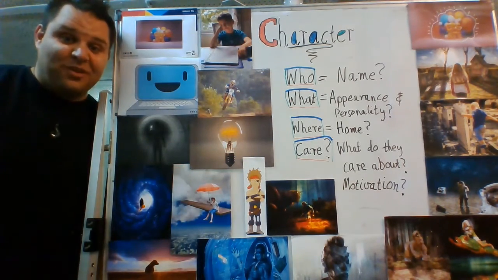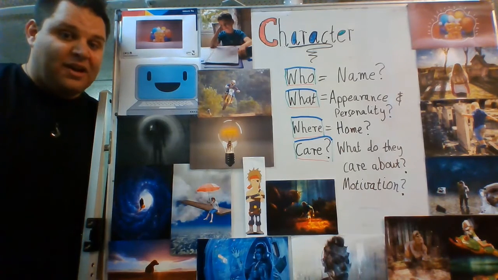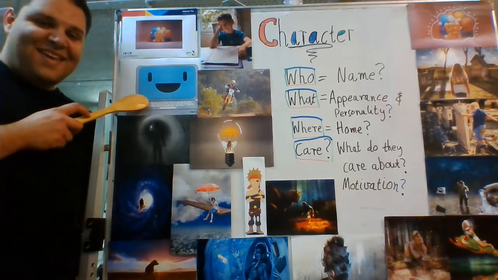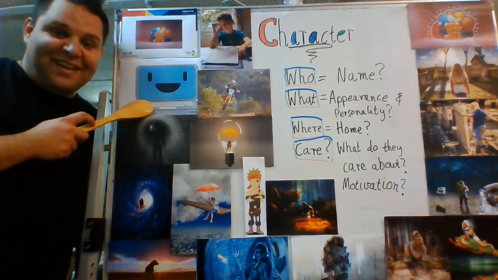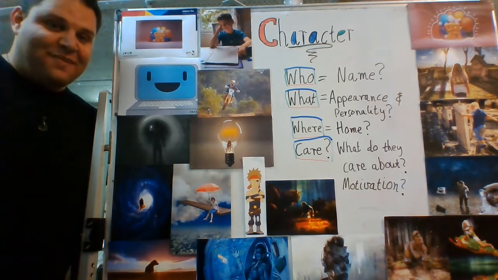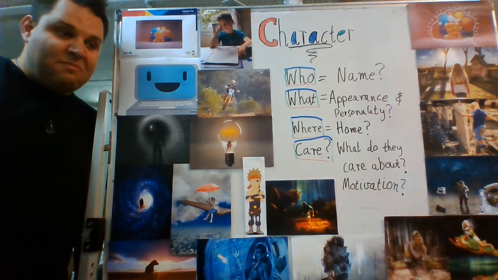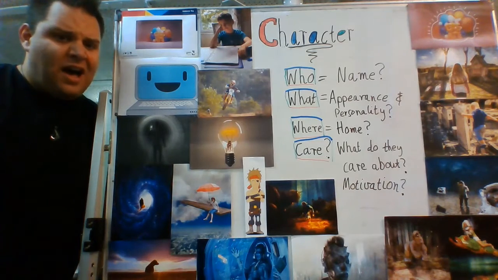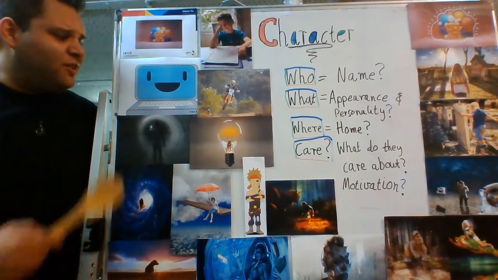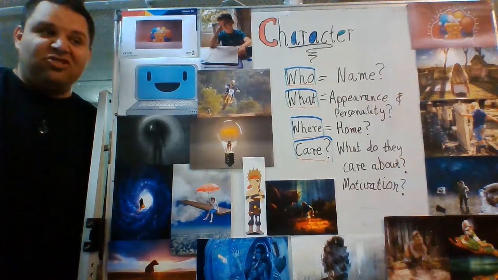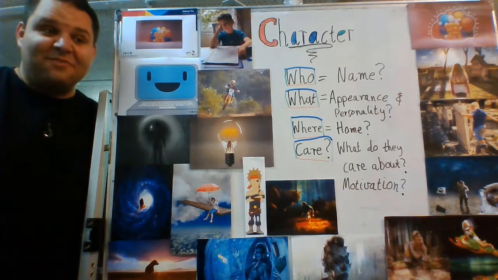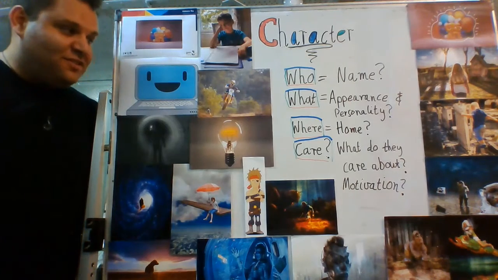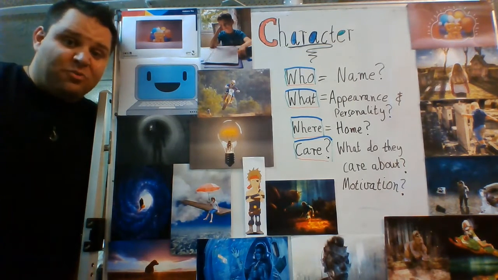Let's look at some of our pictures really quickly and decide what they might care about. I think I might use the example of this guy. He's our only non-living, breathing character, the computer. So I'm going to call him PC. His name can be PC. Okay, what does he look like? Well, I think he'll look a little bit like that. I think he might be shiny. He might have a glowy screen that lights up and glows in the dark, which allows him to be an explorer. Which brings us to, where does he come from? Well, I don't think he knows where he comes from.